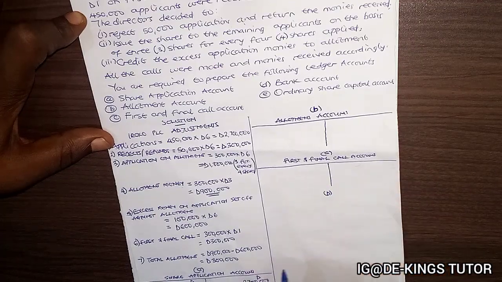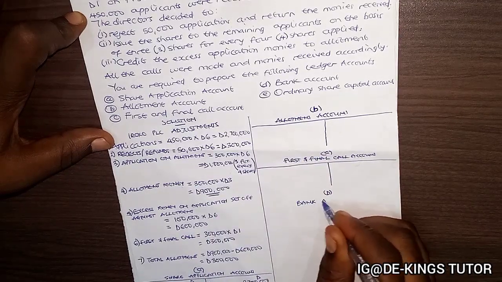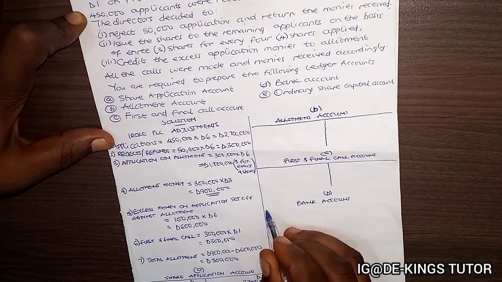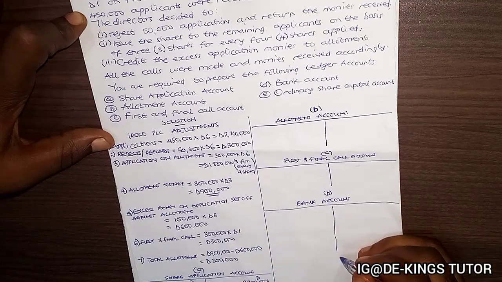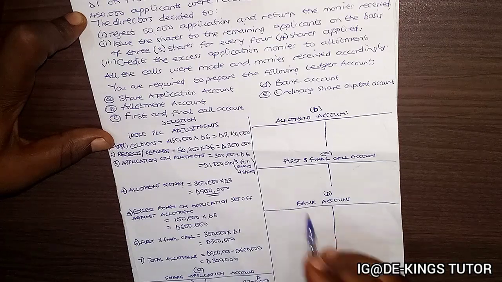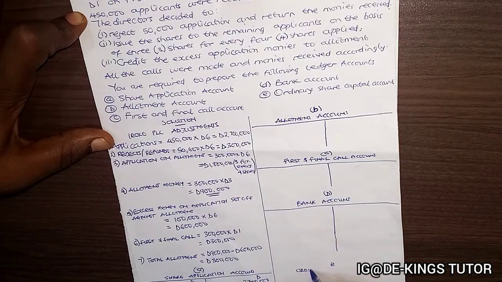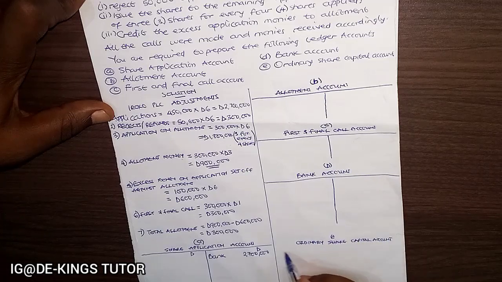Then D, we have the bank account. Then E, we have the ordinary share capital account.